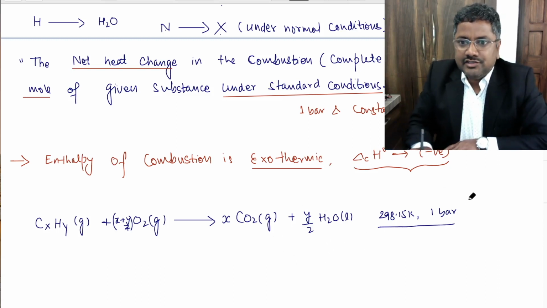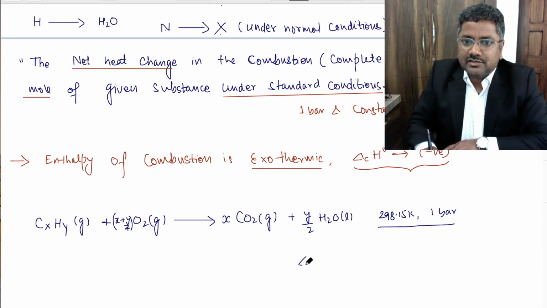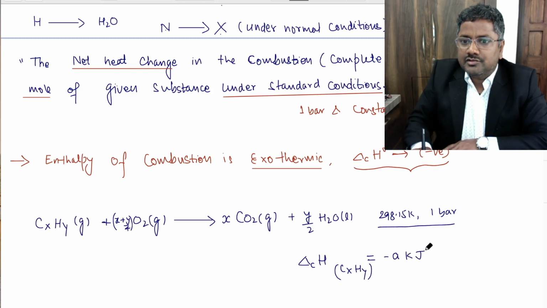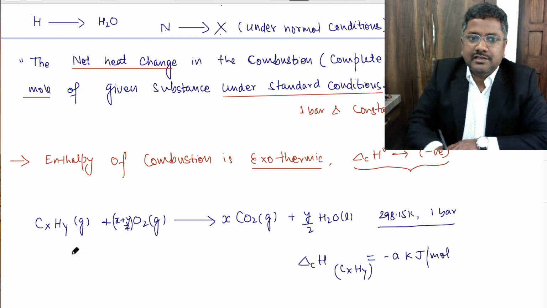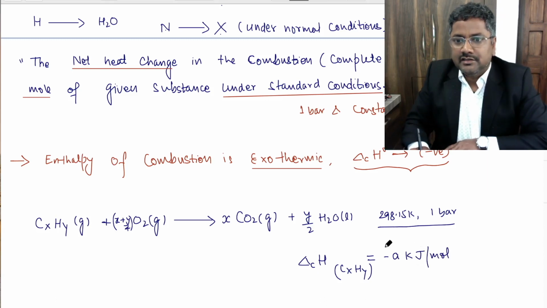So whatsoever heat energy is changing under this situation, that is called enthalpy of combustion. Enthalpy of combustion for CxHy, right? And this is minus A kilojoules per mole. So here the enthalpy of combustion of this CxHy is minus A kilojoules per mole.